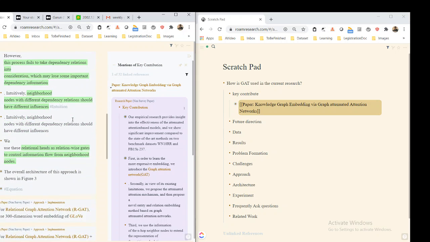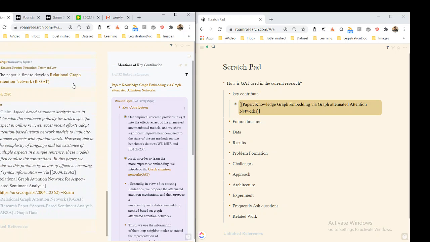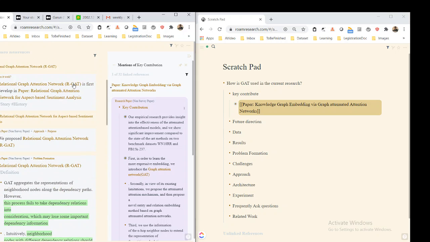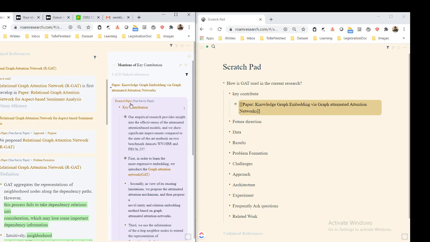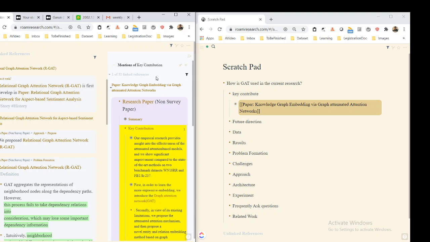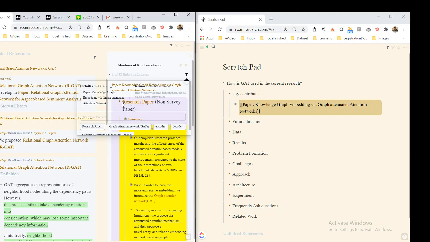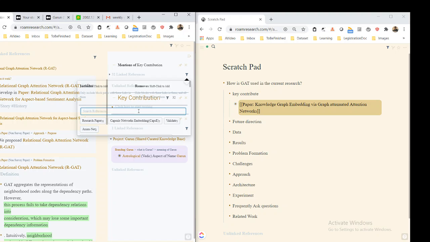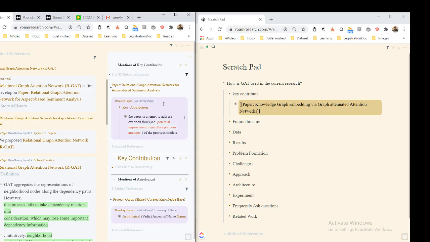So say I want to explore this paper, then I would go into this here and simply type this paper. And then is there something at all? There's something here, so let's explore.